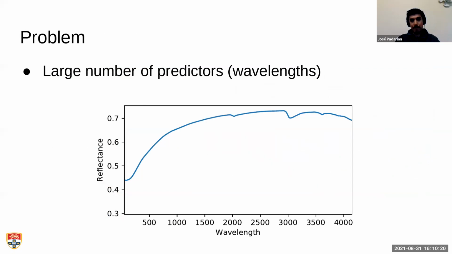One of the problems in general that we have with this is that we have a large number of predictors. In a single spectrum, depending on the resolution of the instrument or which specific areas you're sensing, you can get up to 4,000 or more than 4,000 columns, if you wish. They're usually used in that format for training a model.